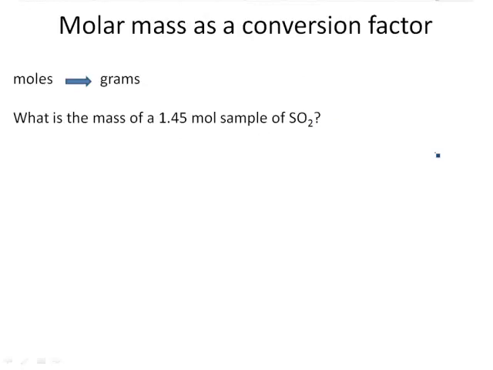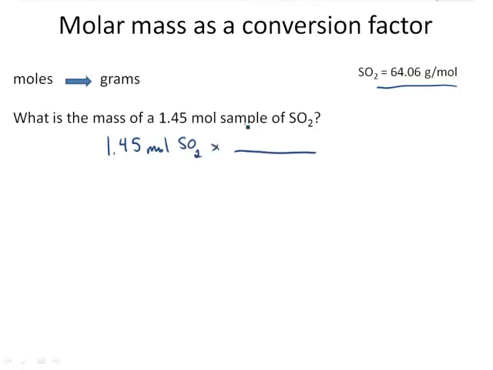So let's look at an example of going from moles to grams for SO2, and we had our SO2 molar mass, which we just figured out, 64.06 grams per mole. And so what's the mass of 1.45 moles of SO2? So what you would do is take the 1.45 moles of SO2, and we want to convert that to grams.